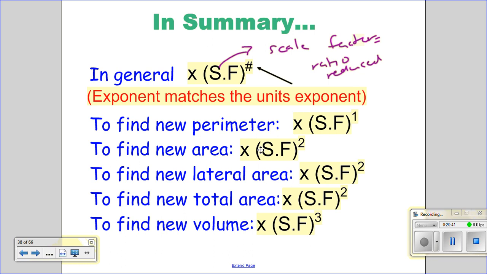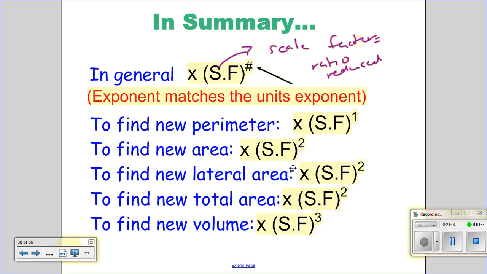To find the new area, this is for 2D objects only, you just take the scale factor and you raise it to a power of 2 and multiply that to the original. These are just the rules that you should know.